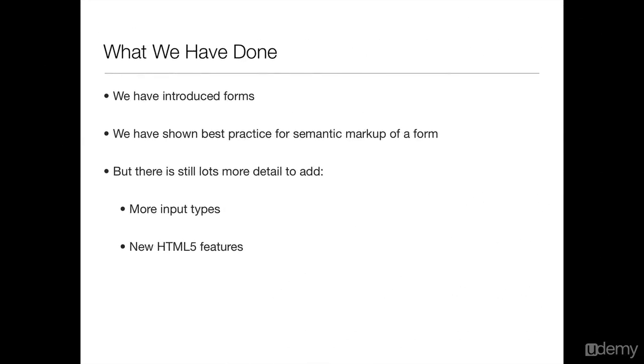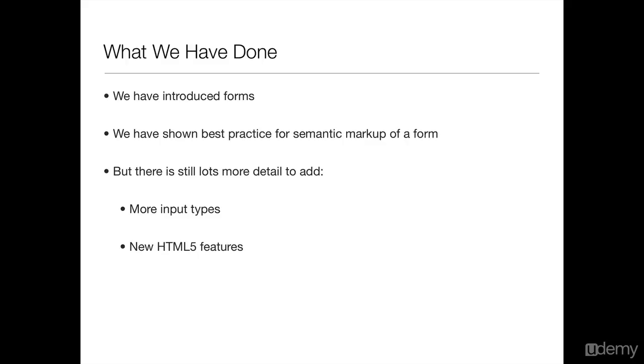So, what have we done? I've just introduced the very basics of forms. I've shown you the best practice for semantic markup of a form. You might find some small variants in the literature, but what I've given you, I think, is distilled out best practice from current documentation on the W3C website and elsewhere.